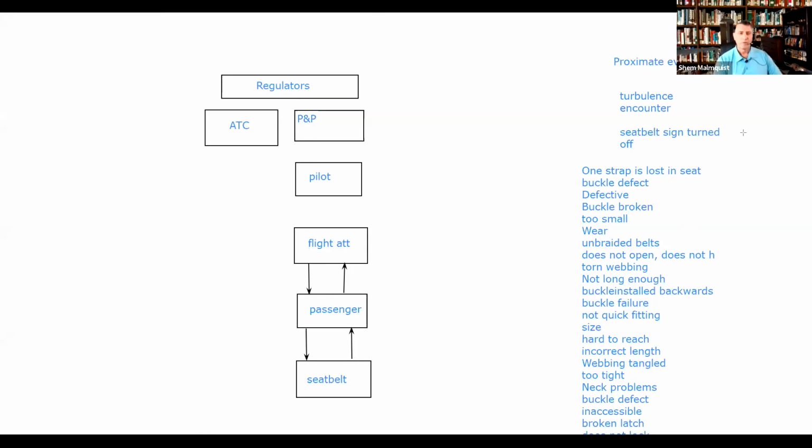Yeah, exactly. So moving up one level now to where some people started, if we go to the pilot, what is the pilot's control to the flight attendant to have them fasten the seatbelts? And why might that not have worked? I'm going to see if I can make a couple items here and we can see if this will work.